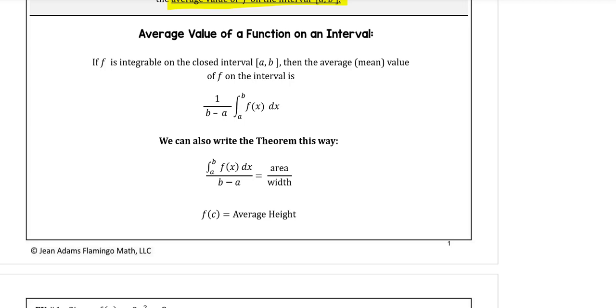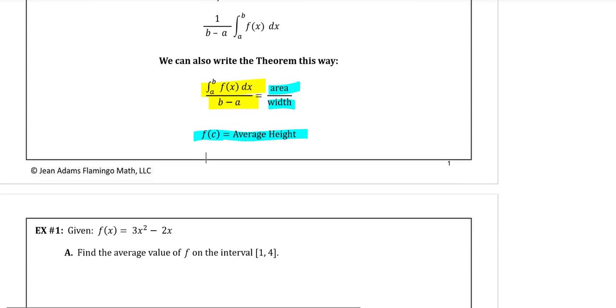You can also write the theorem this way, where you put the b minus a on the bottom, and you're taking the area divided by the width of the interval. This is equal to f of c, which is the average height.